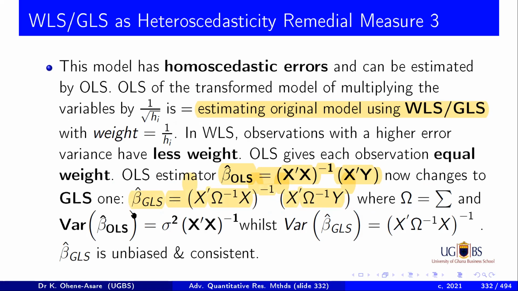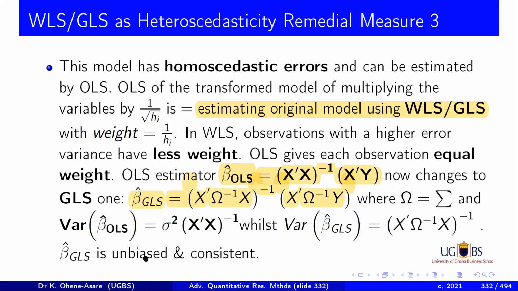And so finally, you will notice that beta OLS wasn't anymore BLUE, the best linear unbiased estimator. Now that we've estimated with the GLS, we will have a variance covariance matrix different from the OLS, as what you see here.